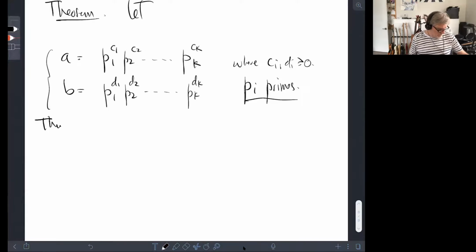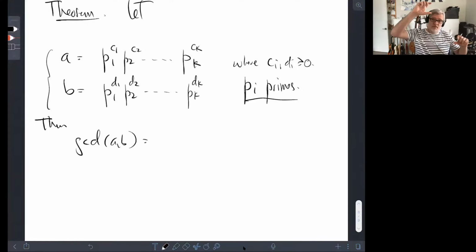Then the GCD of A and B is, and this is exactly what I've shown you. You take P1, the exponent will be the minimum of C1 and D1.